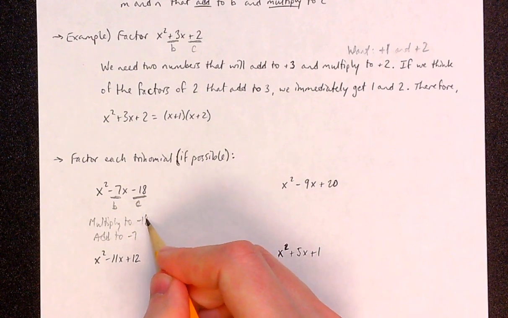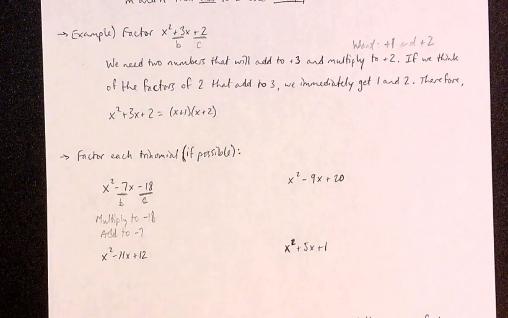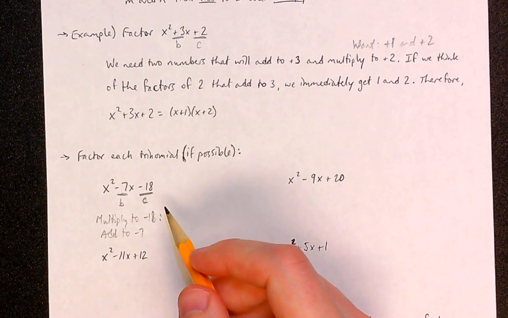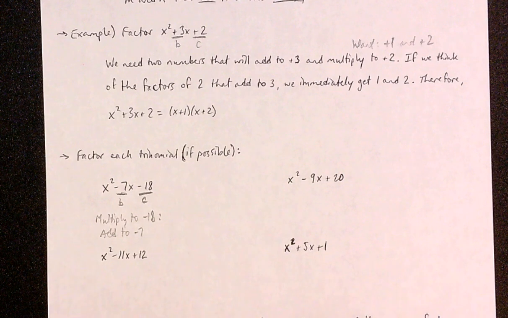Now, if numbers are going to multiply to a negative number, then that means one of our numbers has to be negative and the other one has to be positive. So let's think of some factors that will multiply to negative 18, and we'll see if those add to 7 or add to negative 7, and whichever one makes both of these true, that's the one that we want.